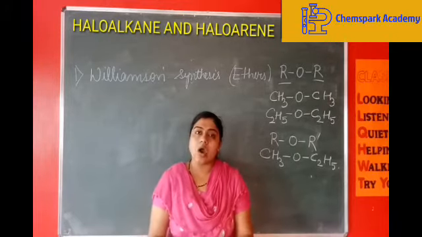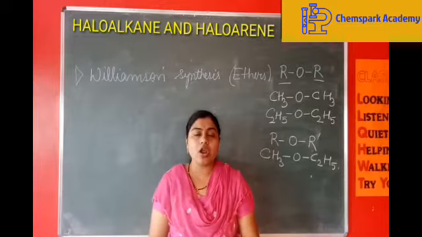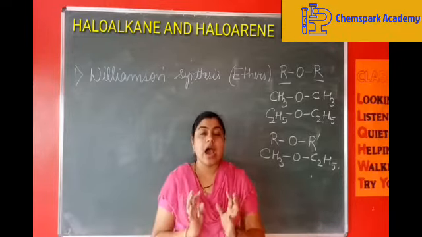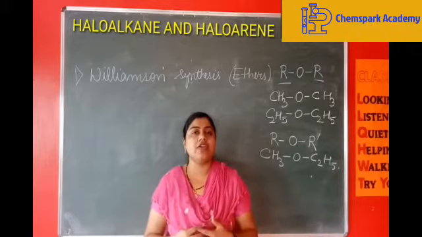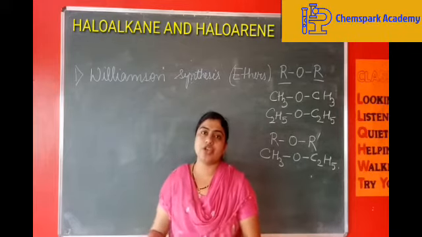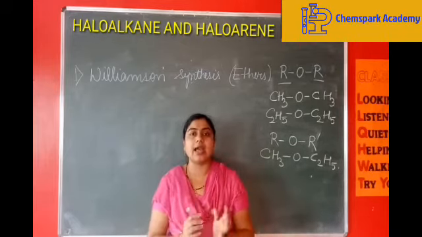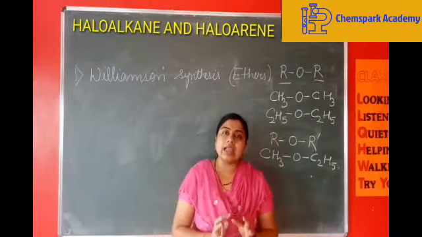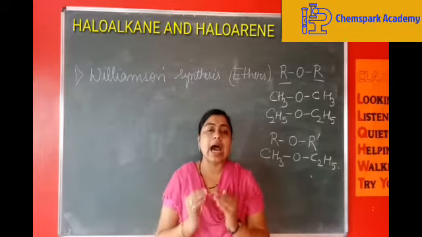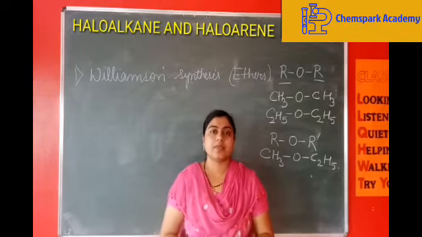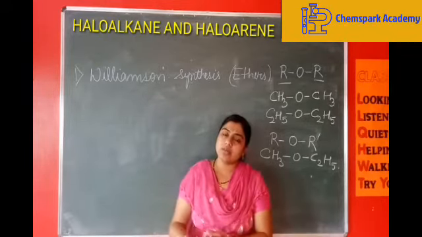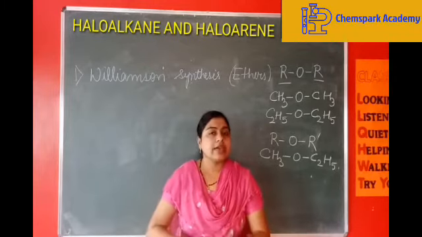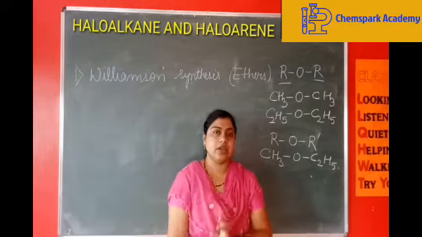And now, how are we going to prepare that? For this, we need alkoxides. Alkoxides are very good agents for the preparation of these ethers from alkyl halides. So whenever we react alkyl halides with alkoxides, be it sodium alkoxide or potassium alkoxide, we will obtain ethers.